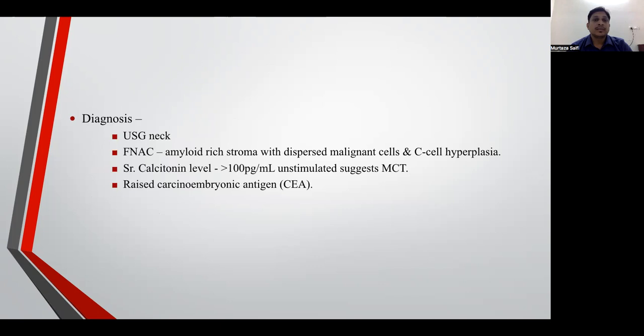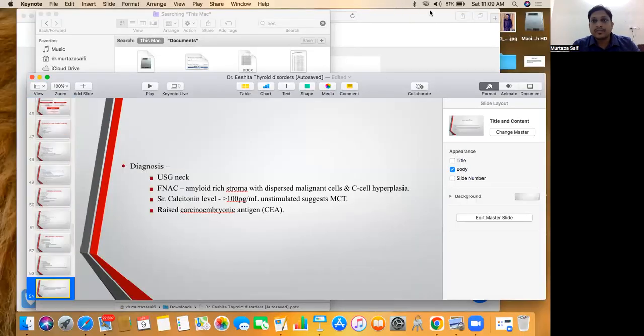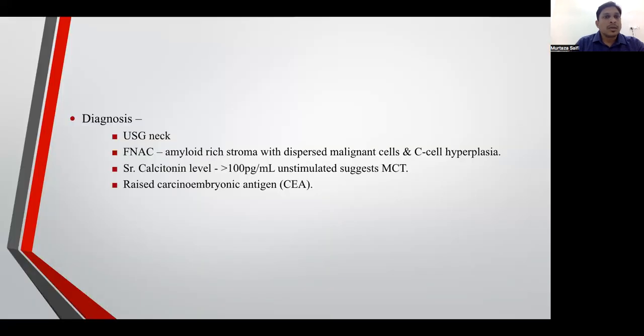Then diagnosis: USG neck, then FNAC showing amyloid-rich stroma with dispersed malignant cells and C cell hyperplasia.